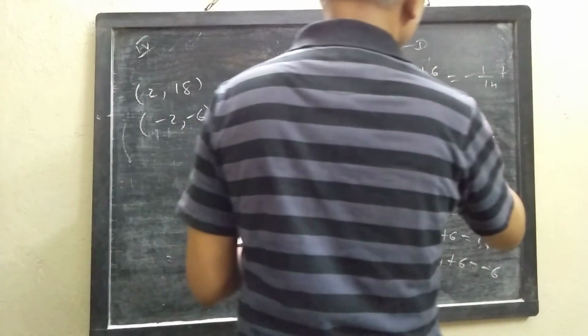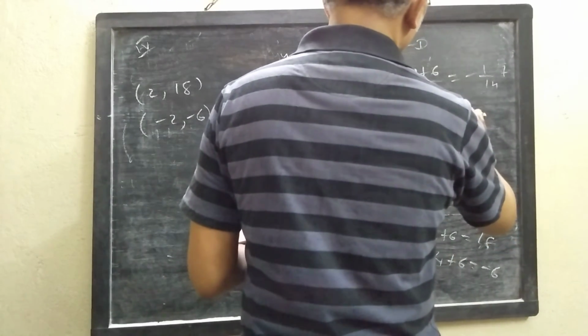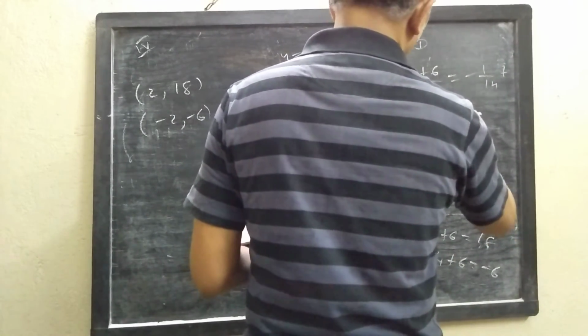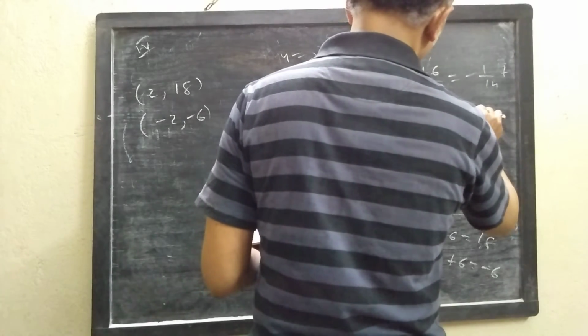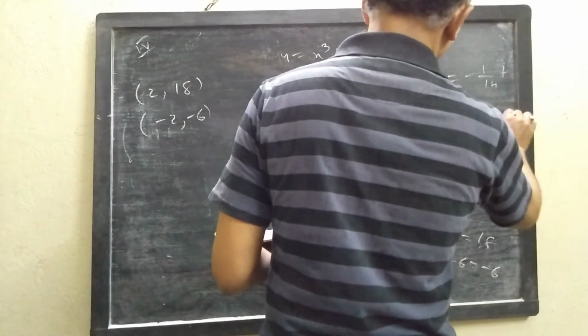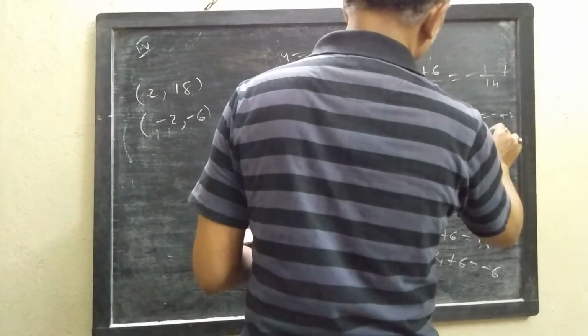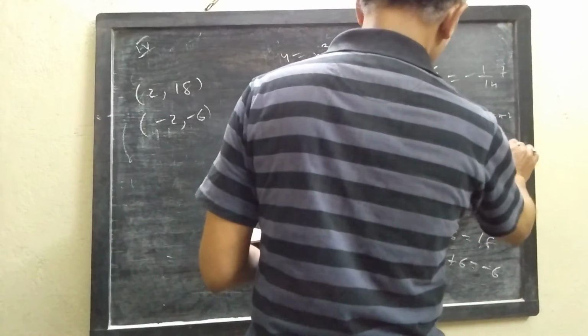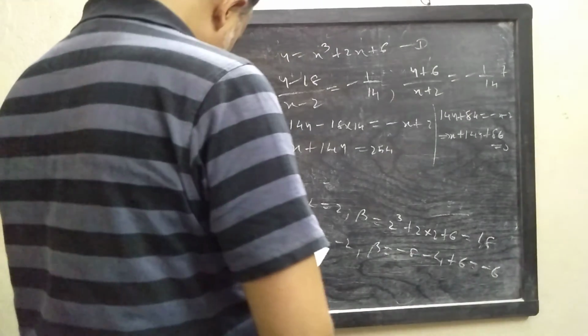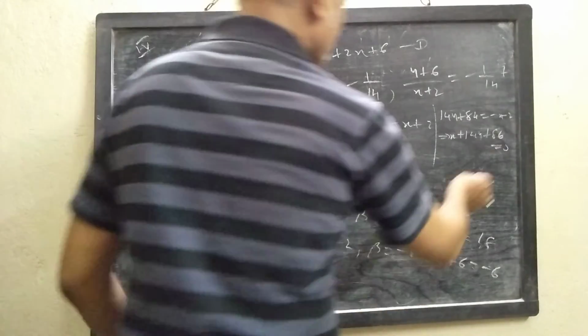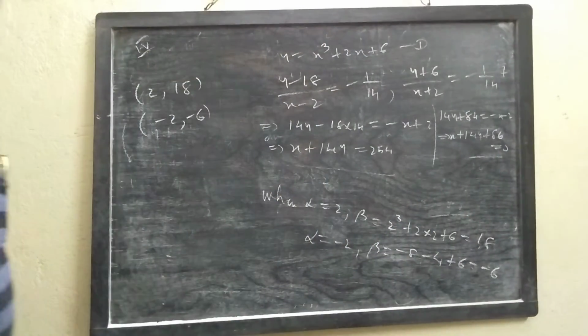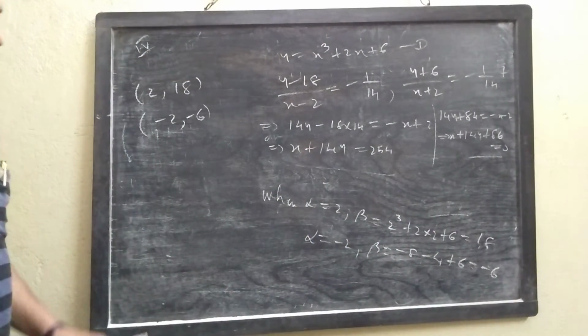The other one will be 14y plus 14 times 6, that is 84, equals minus (x plus 2). So x plus 14y plus 86 equals 0. These are the required equations of normals to the curve.